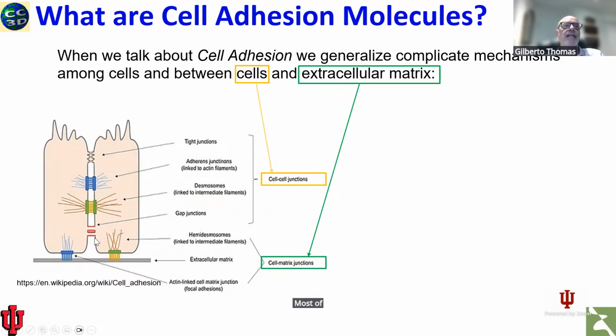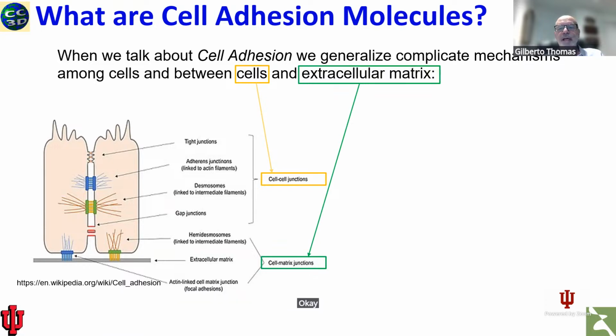Most of them are transmembrane connections. See, this line is entering into the cells, connected from the external world to the internal body of the cell, inside the cytoplasm.